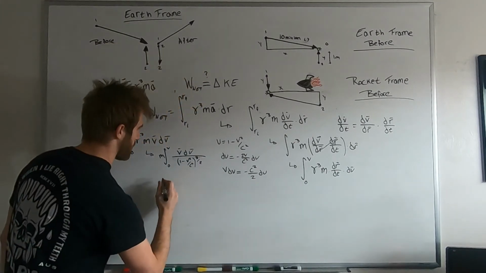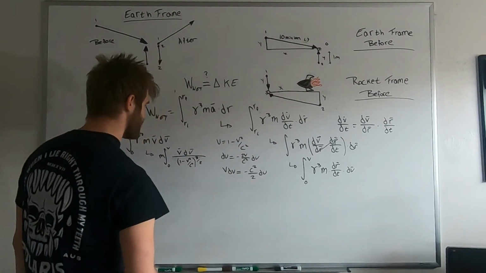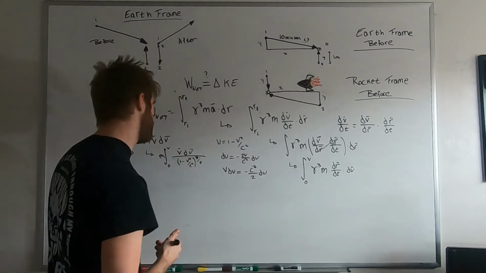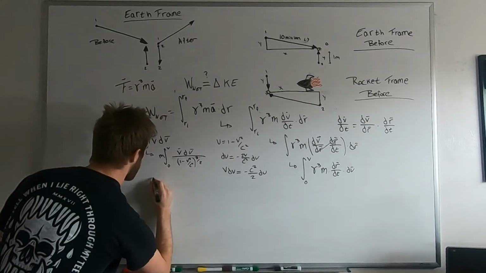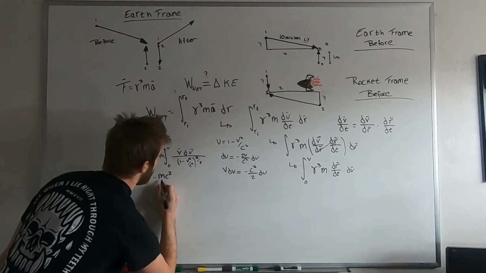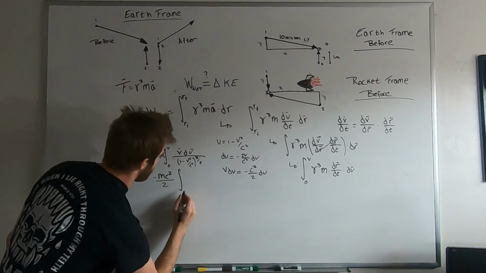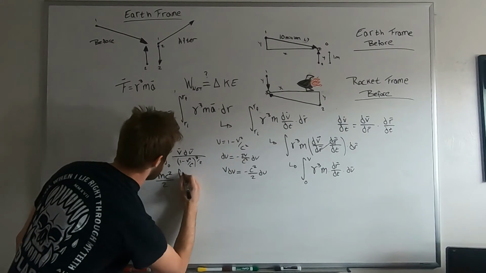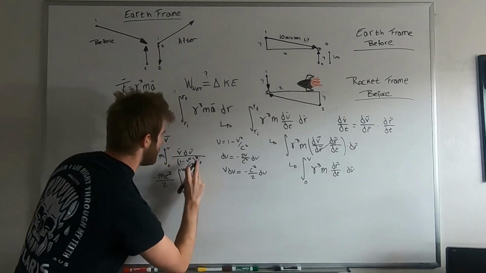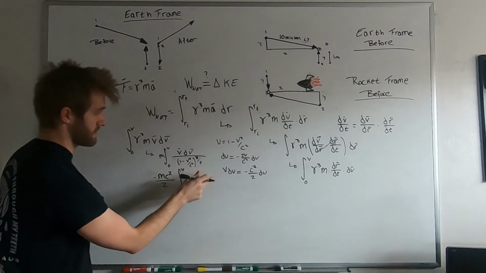So I'm going to bring these constants out as well, and you'll start to see something very familiar. So we're going to have minus mc squared over 2 times the integral from 0 to v of du, and then we're going to bring this up to the numerator.